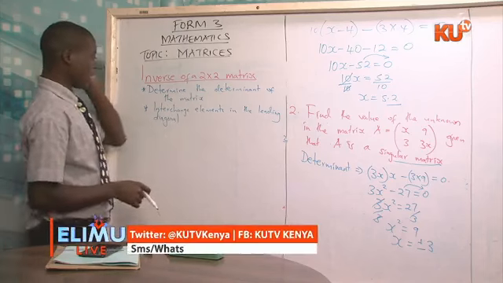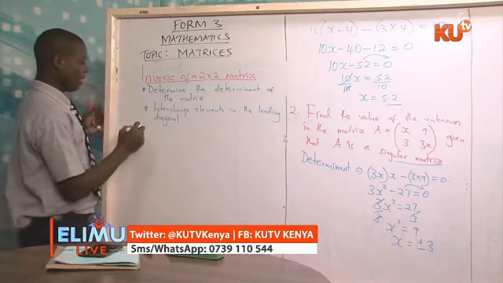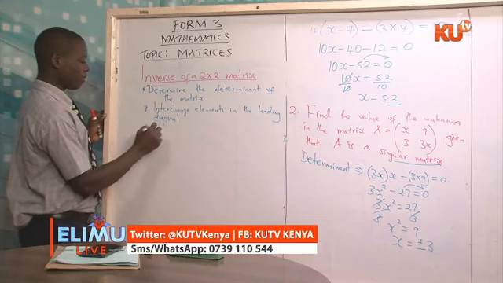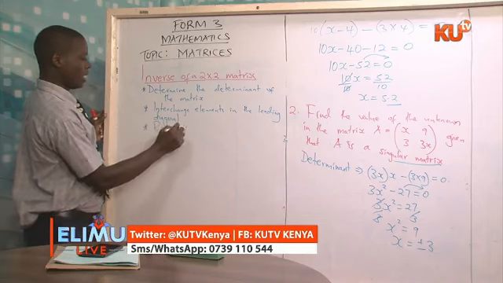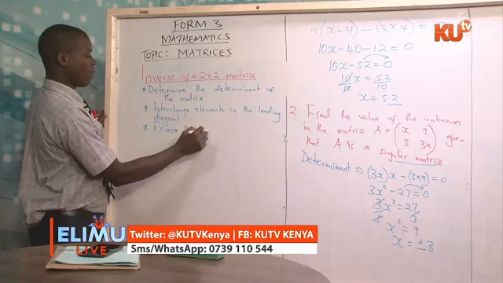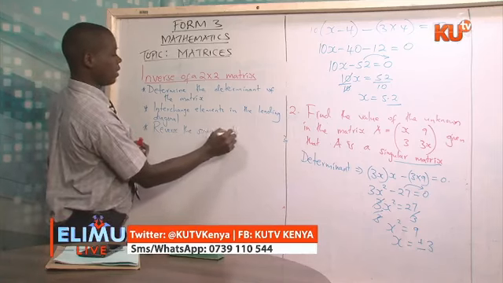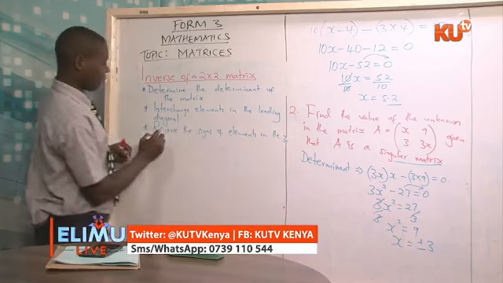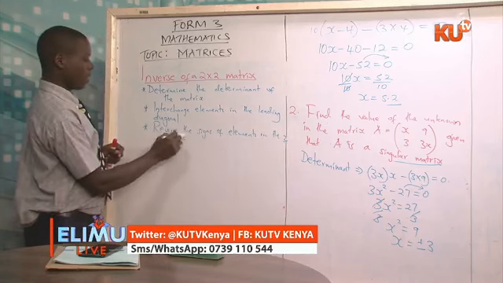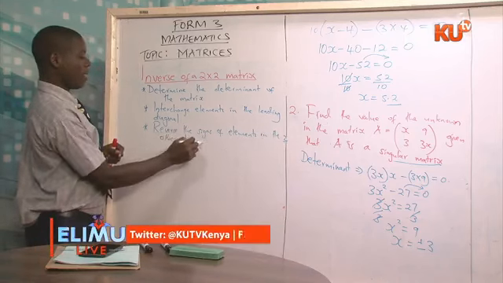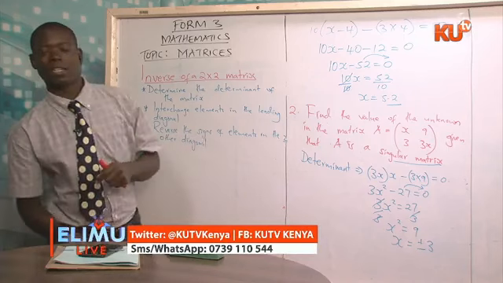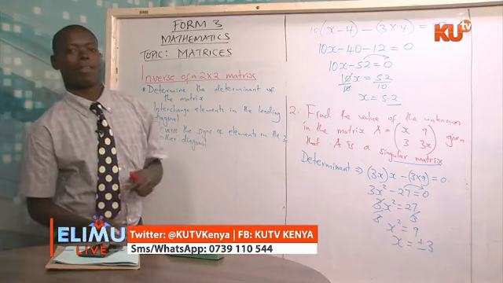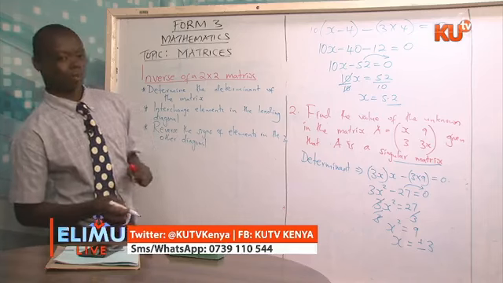And then number 3, you reverse the signs of elements in the other diagonal. Reversing the signs, if the element had a negative sign, it turns to positive. If it had a positive sign, it turns to negative.